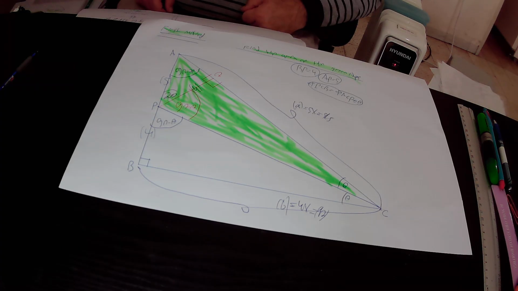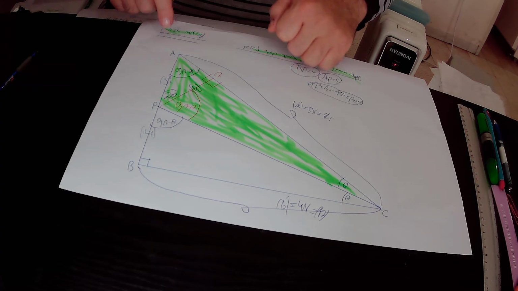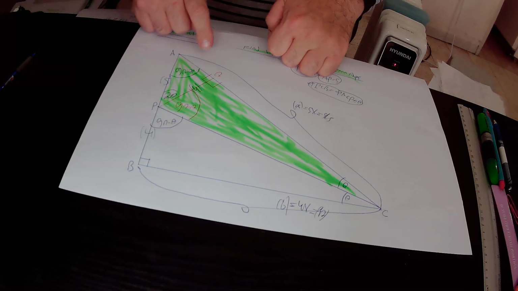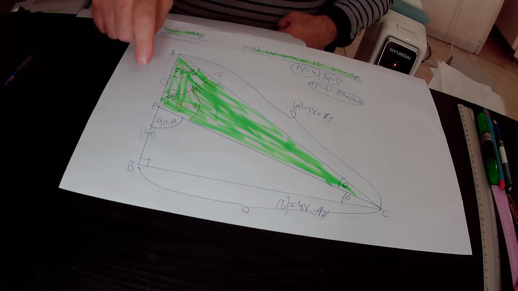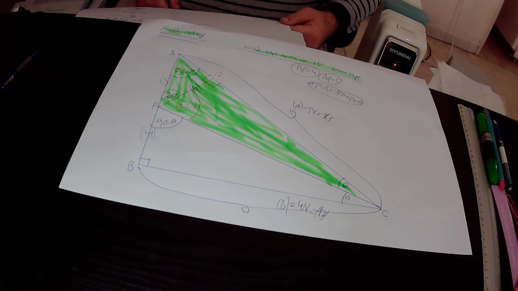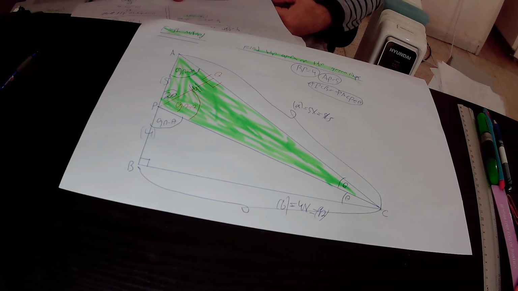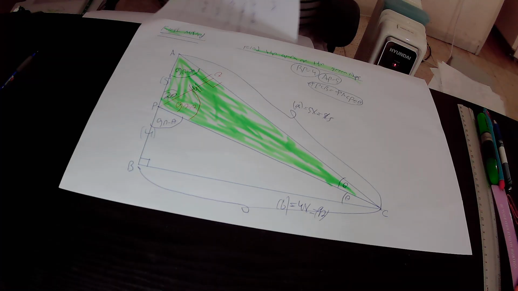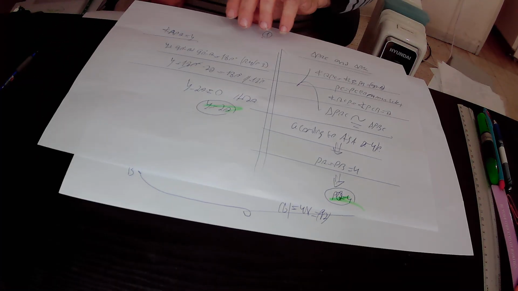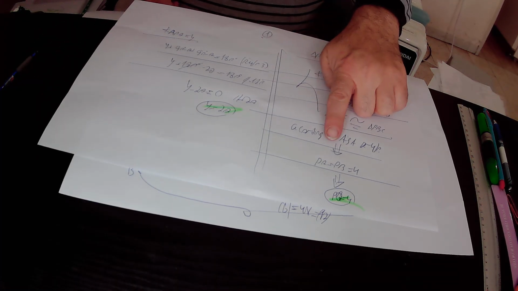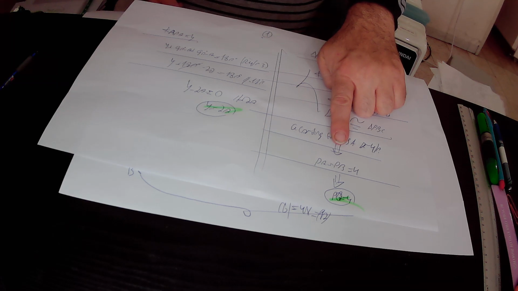So therefore PB must be equal to PQ. PB equals PQ.